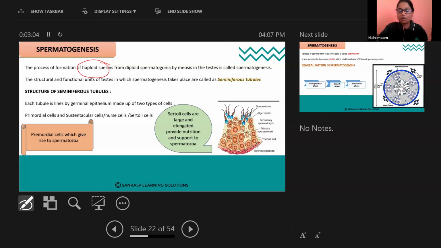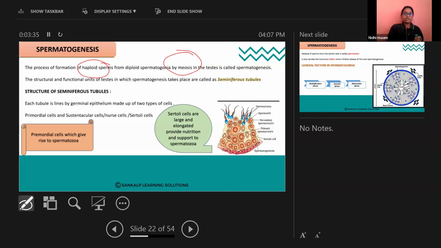Just as in plants we called it pollen mother cell or microspore mother cell, spermatogonia can be considered the sperm mother cell, the cell which gives rise to sperm by undergoing meiosis. This process is called spermatogenesis.